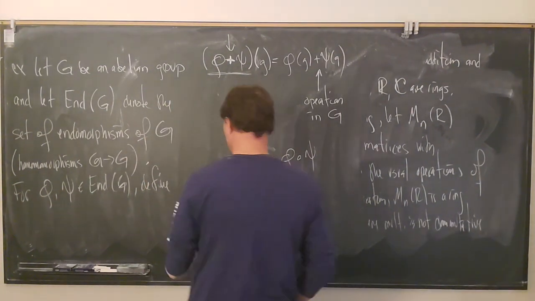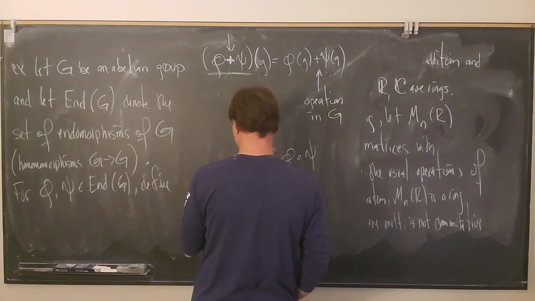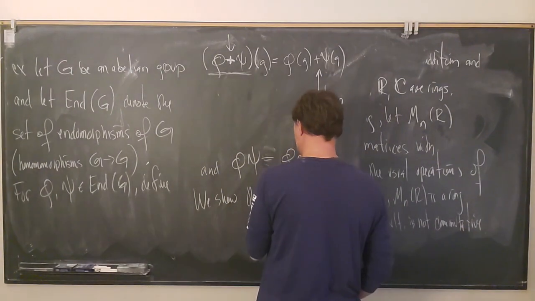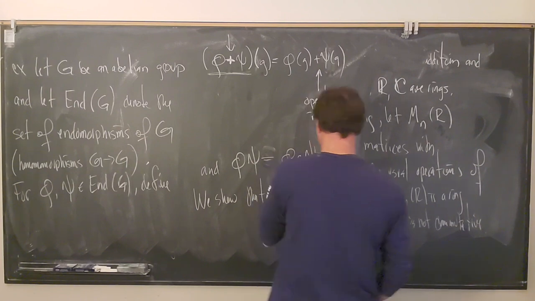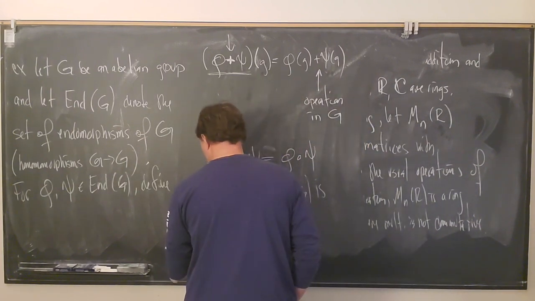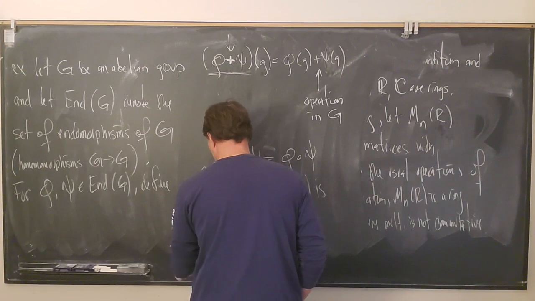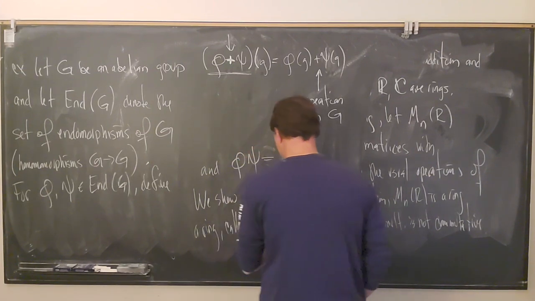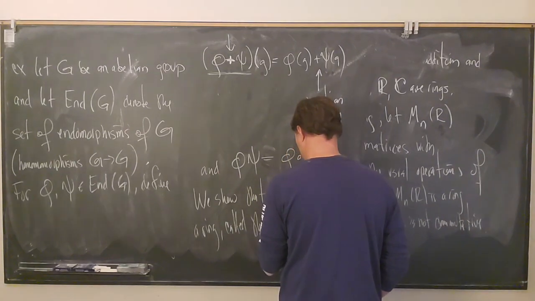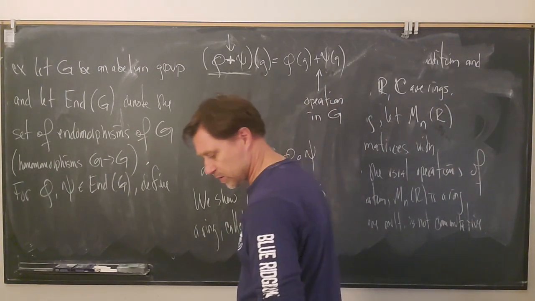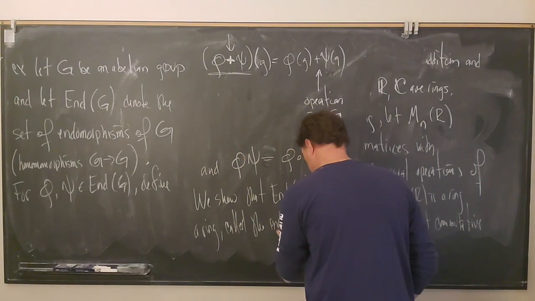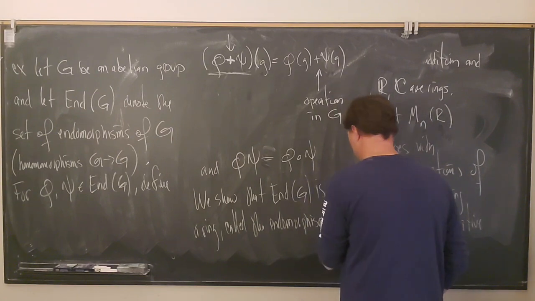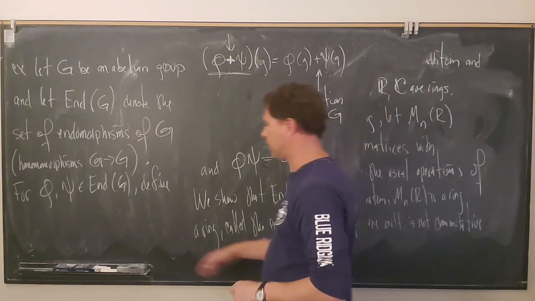So we show, and I'll actually go through the details here, so we show that End G is a ring called the endomorphism ring of capital G.